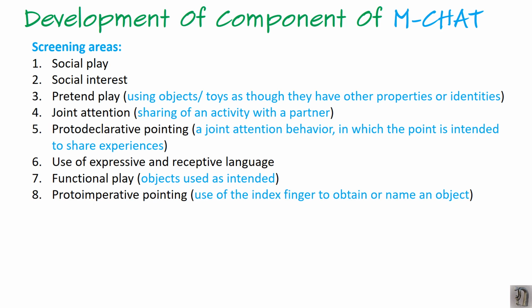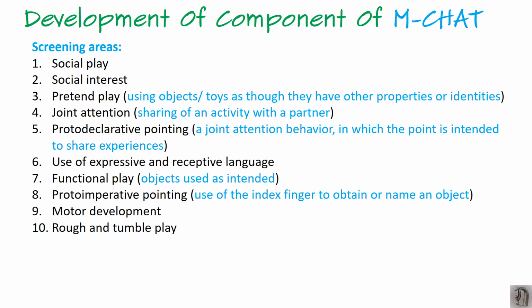Then proto-imperative pointing. The difference from proto-declarative pointing, where he is sharing his experience, is that in proto-imperative pointing he uses his index finger to obtain the object. For example, if the boy points and says, I want that object, I want that toy, I want that thing to eat, that means he is doing proto-imperative pointing to express his needs.